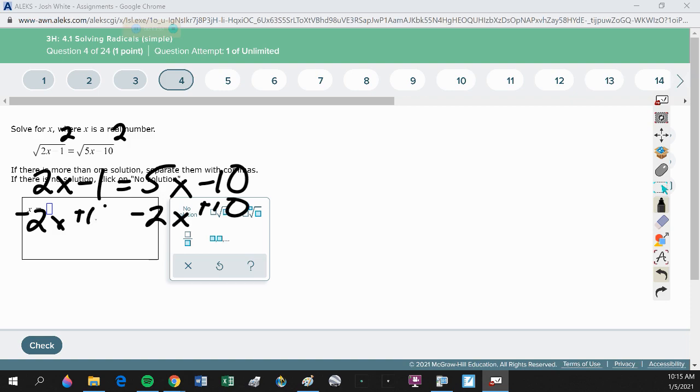Add the 10. So 11 equals 3x, and divide by 3. x is 3. Do I have to worry about no solution here? Can a positive square root equal a positive square root? Yes. So we don't have to worry about no solutions on this type.